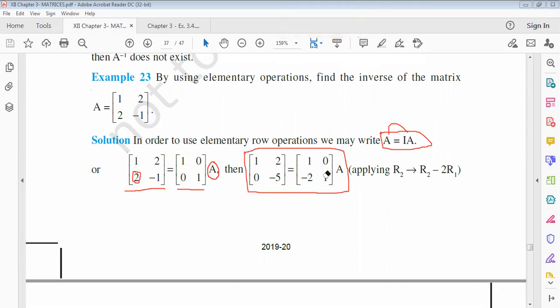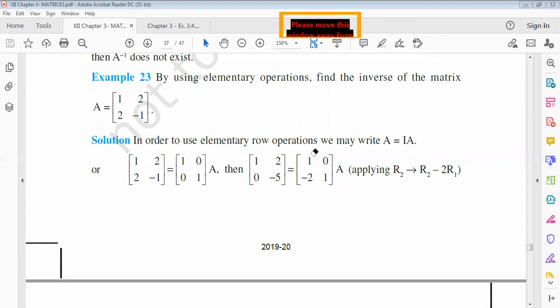So 0 minus 2 is minus 2. Here 1 is kept constant because 0 is multiplied by 2, and we get 1 only. So this is the value of the matrices after this operation.